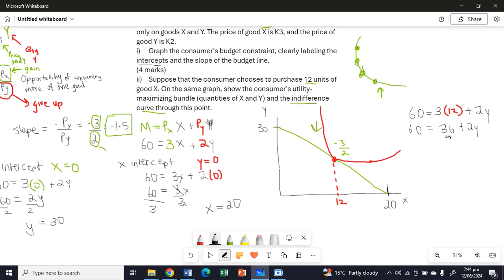We take this 36 over the equal sign so that we can put like terms together. So 60 minus 36 equals 2Y. 60 minus 36 is 24. We have 2Y here. To get the value of Y, we divide both sides by 2. So Y equals 12.